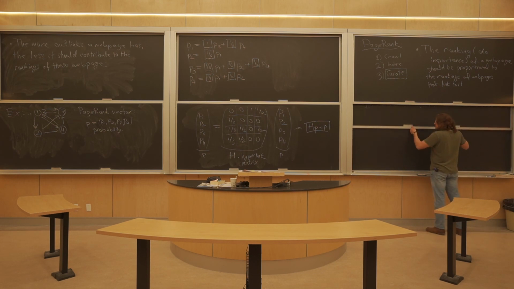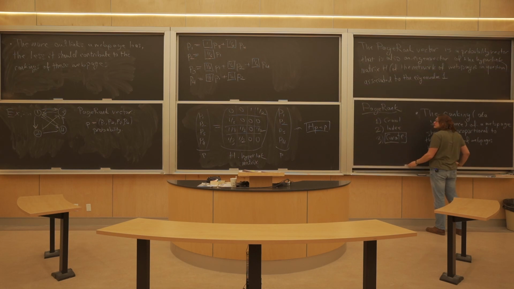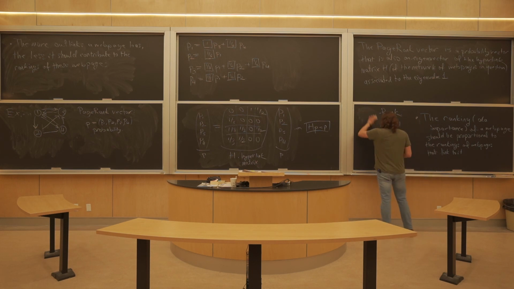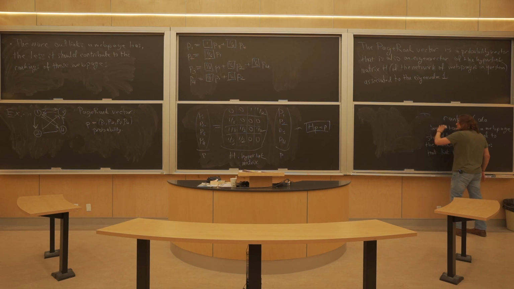So that's not good. That's why what you want to do is not solve the system and somehow set up an iterative algorithm. And so this is where this so-called power method comes into play.